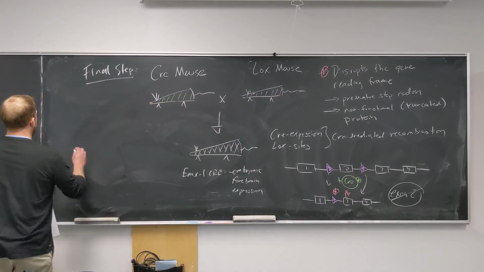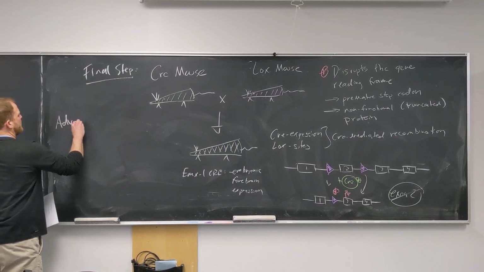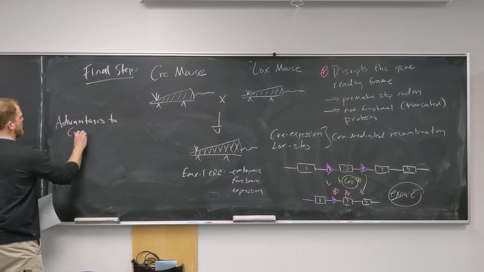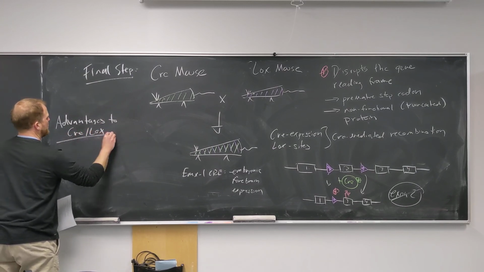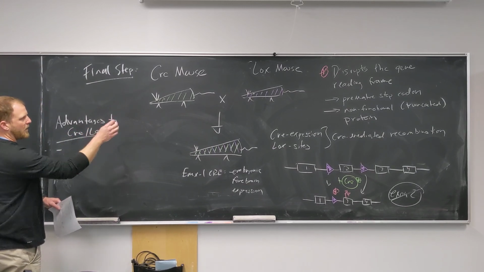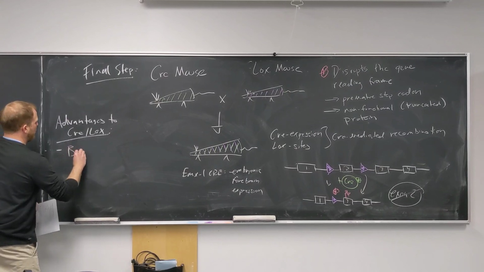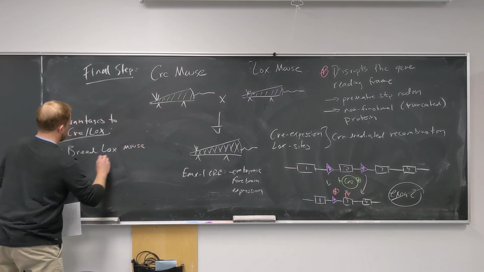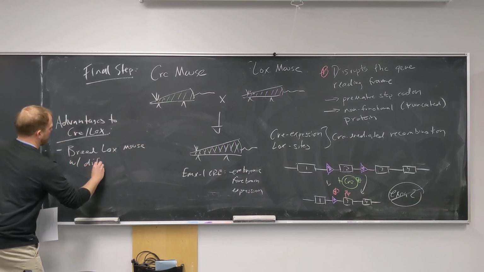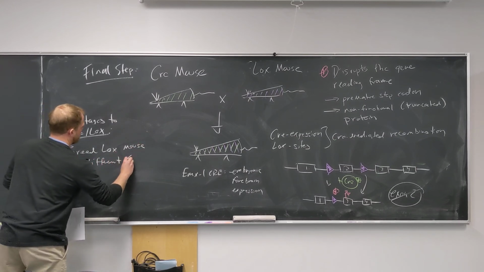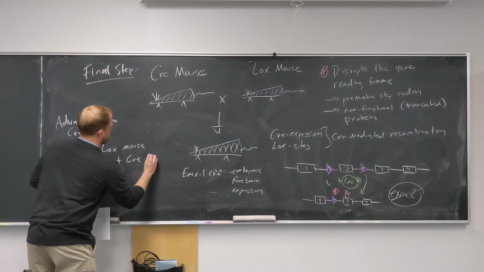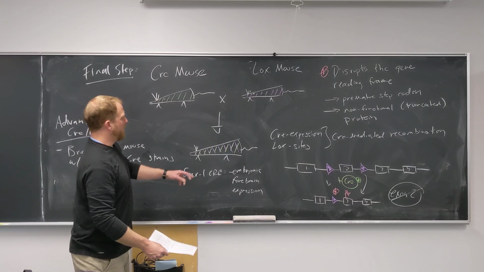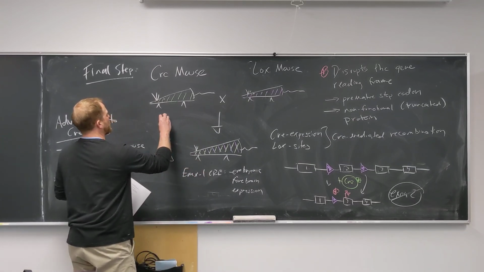So one of the big advantages to Cre-Lox systems is that once you have your Lox mouse, you can breed your Lox mouse with different Cre strains. Okay, so the example I have here was breeding it with an EMX1 Cre strain.